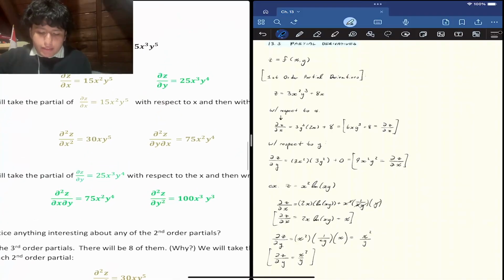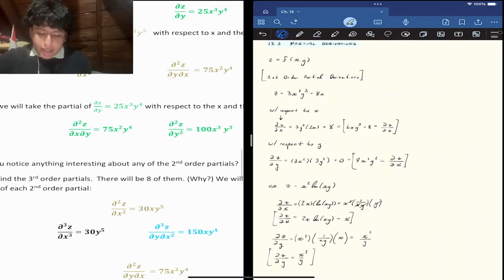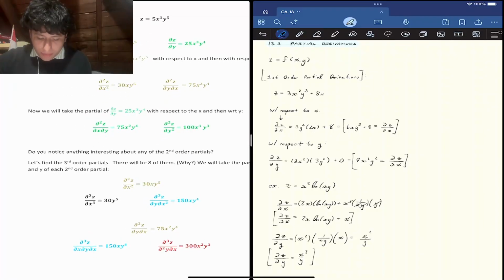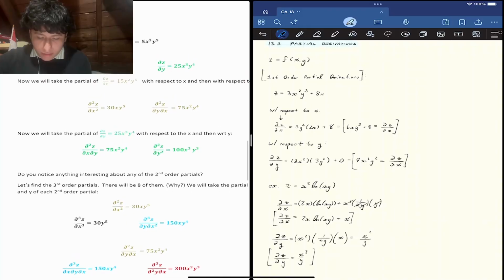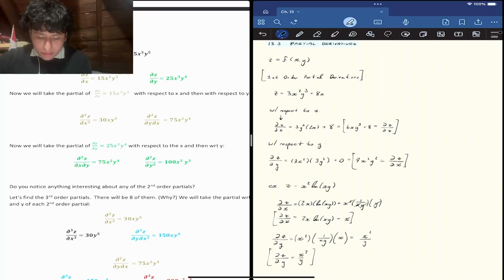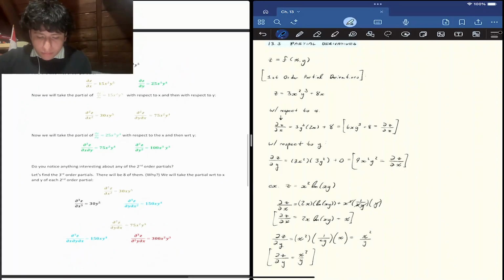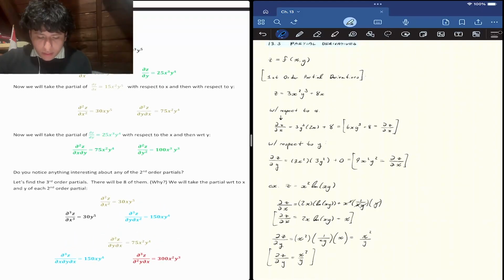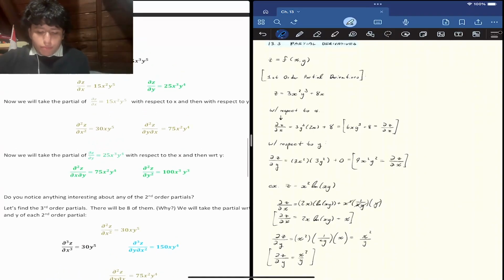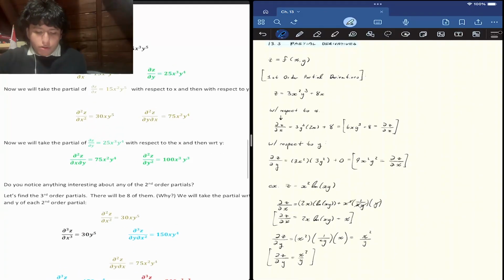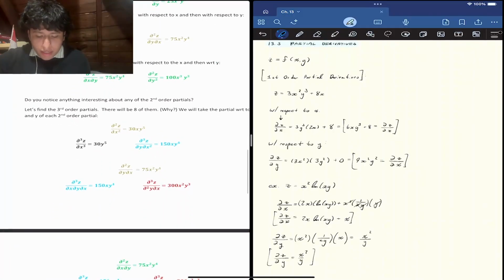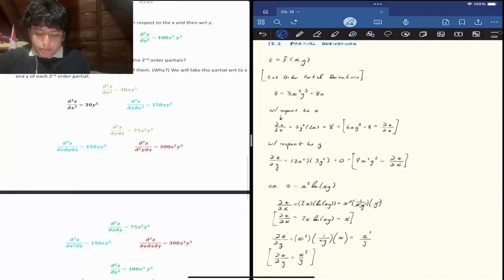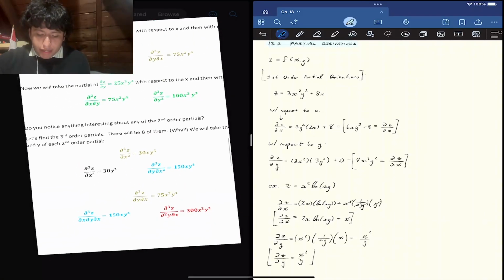With the partial with respect to y, you take it with respect to x and then y again. You get two first order partials, and then it doubles, and you get 4 second order partials, and then when you go again to third order, you would get 8, because every single one of these is going to get differentiated.